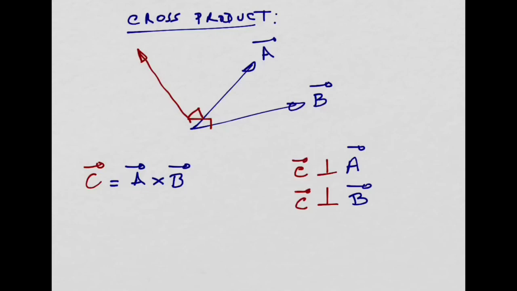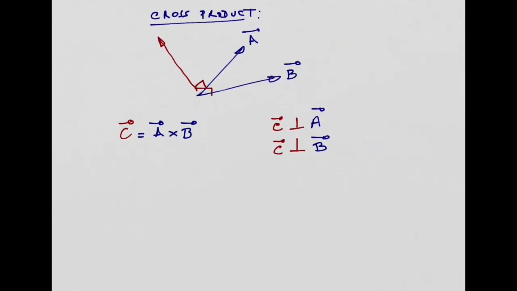Because in order to obtain this cross product, my vector C, imagine I have vector A with these components, AX, AY, AZ.